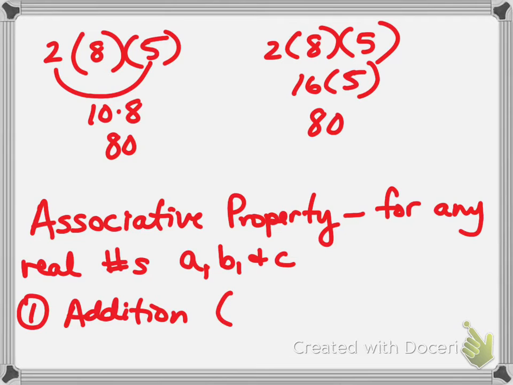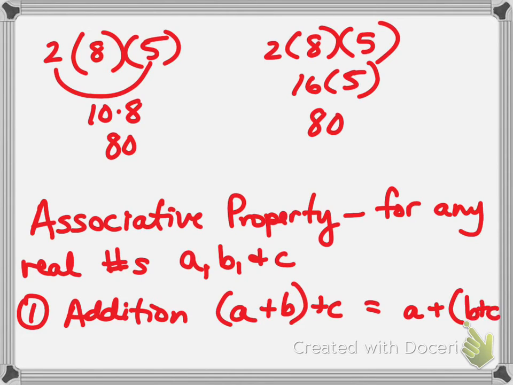And it says (A plus B) plus C is the same thing as A plus (B plus C). Here we are changing who's associating in the parentheses. The A and the B are associating, so we're doing those first. And here the B and C are associating. The order is not changing. It's A, B, C, A, B, C.